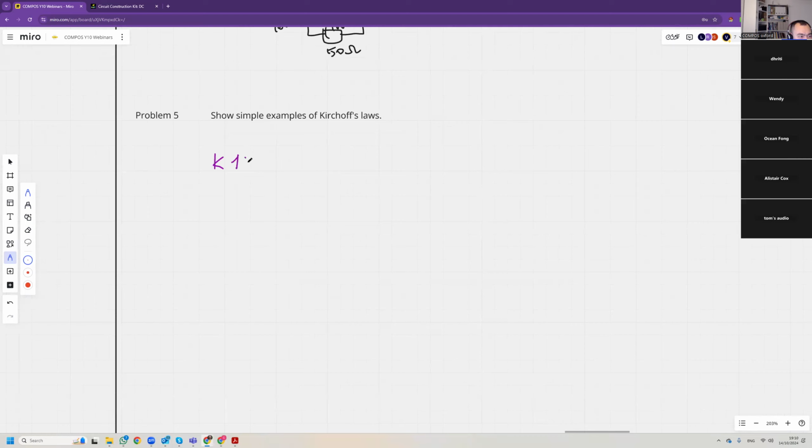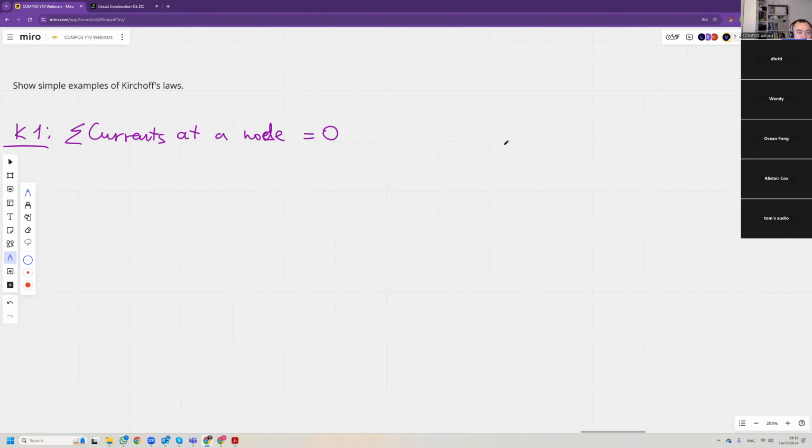Kirchhoff's law 1, current at a node. The sum of the currents at a node is 0. What does that mean? Well, a node is a point where several wires come in.